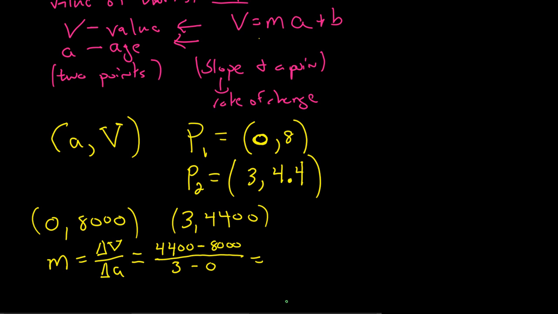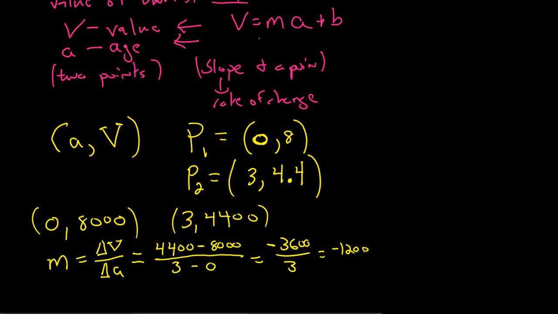I could just reach them when I need them. There we go. So 4,400 minus 8,000 is minus 3,600 over 3, or minus 1,200.